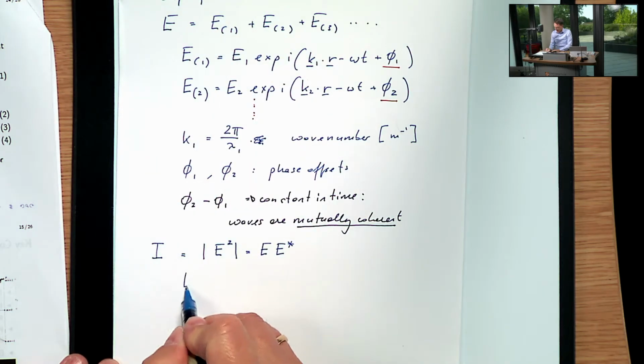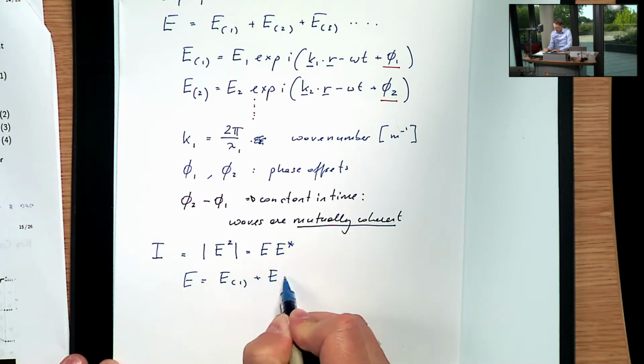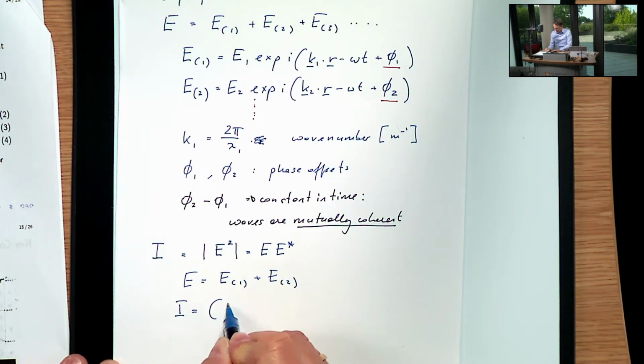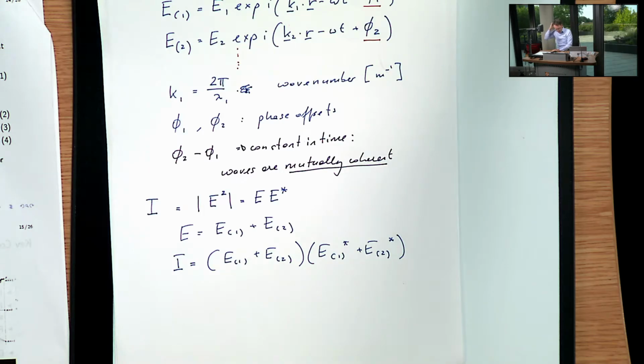So for E equals E1 plus E2, we get I equal to E1 plus E2, and then we take the complex conjugate of that to give us the intensity if we square that.